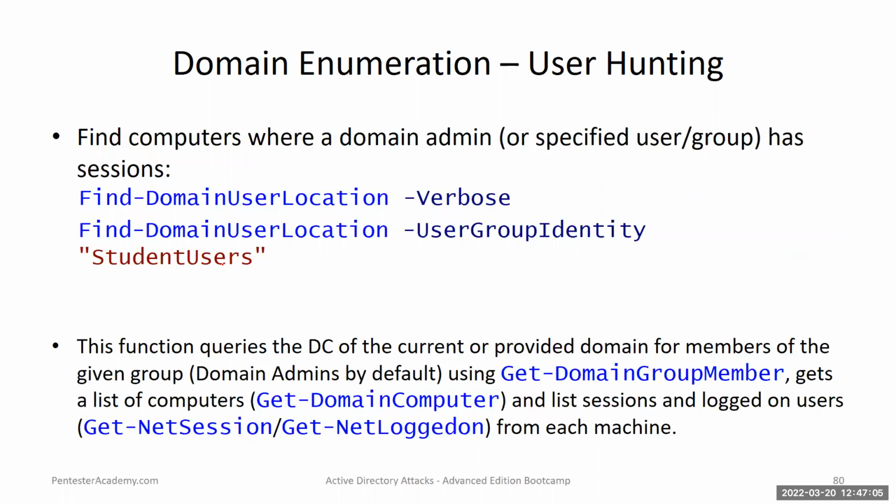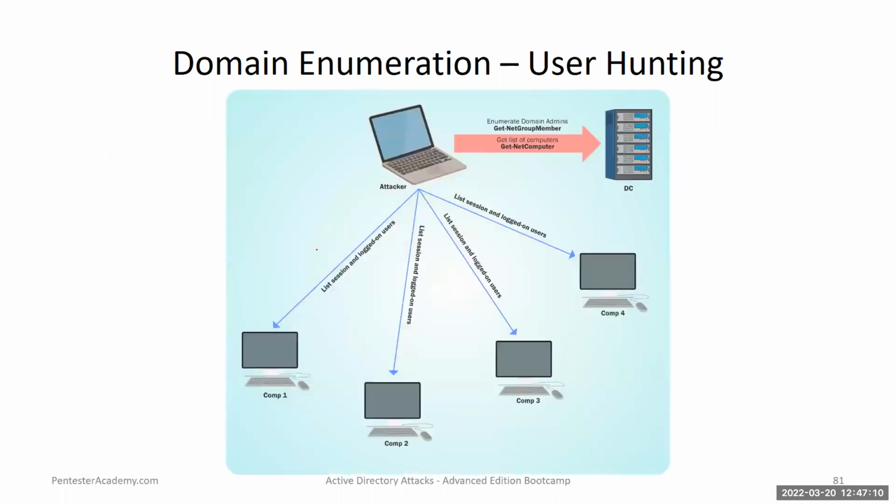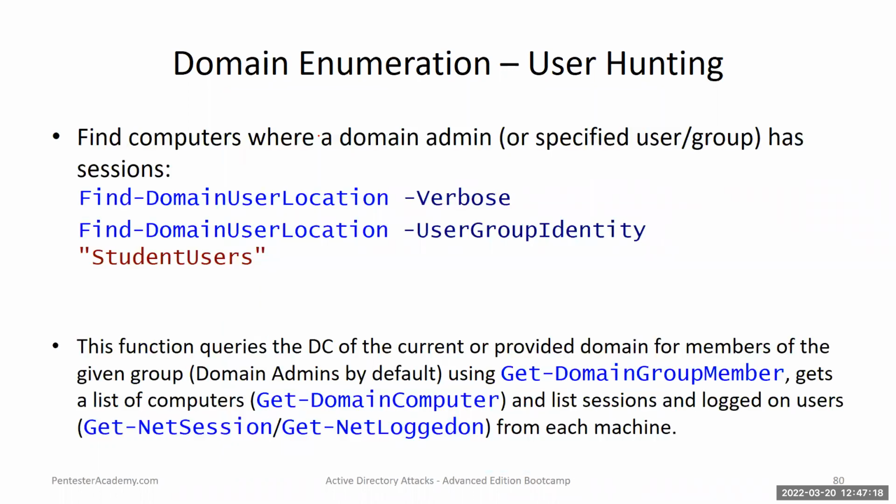Now here, we would like to take this to the next level in terms of privileges. So if you run Find-DomainUserLocation, if you do not specify an identity, it goes for domain admins.